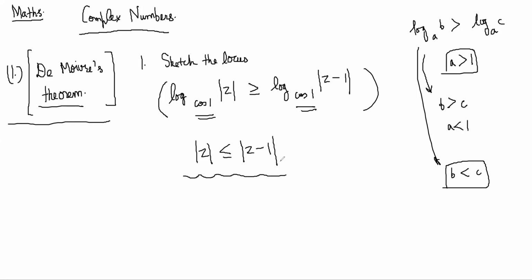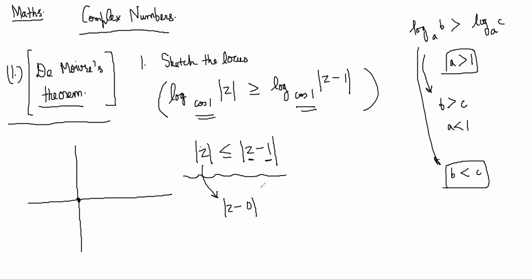Correct? So now let's think about it in terms of the Argand plane. Here, mod Z means what? Distance of Z from 0, right? So distance of Z from 0 is less than or equal to the distance of Z from 1.